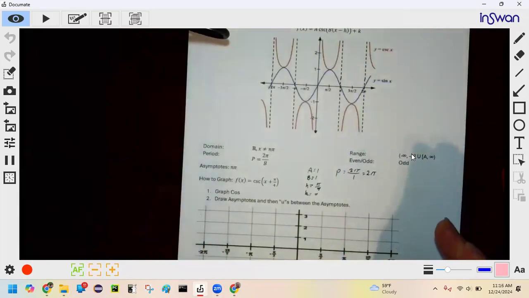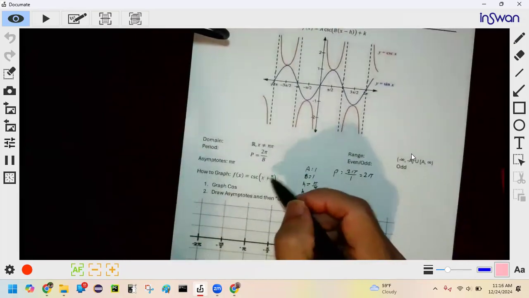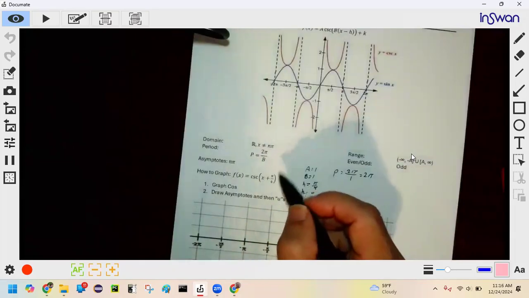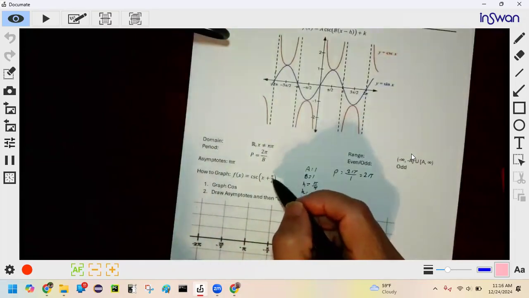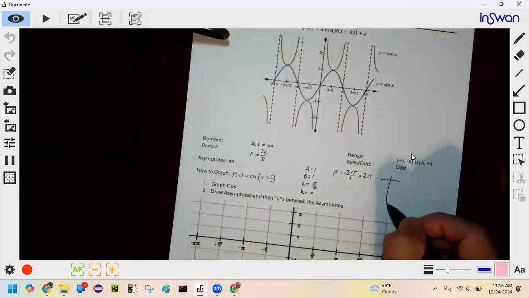So I need to graph the sine graph. Now we know at this point, hopefully, that this is just the sine graph moved pi over 4 units. I'm going to refresh your memory here.